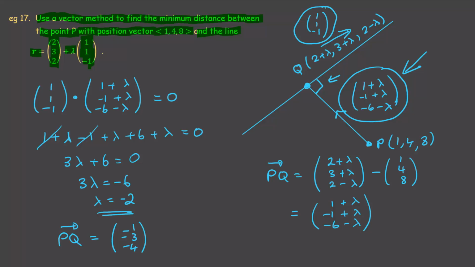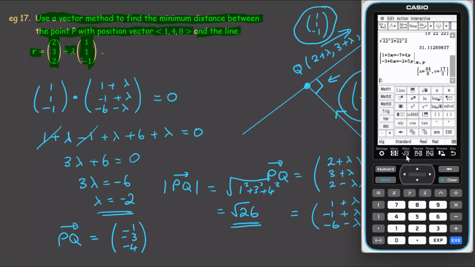So the distance is just going to be the magnitude of PQ, which is the square root of 1 squared plus 3 squared plus 4 squared, which is the square root of 26.